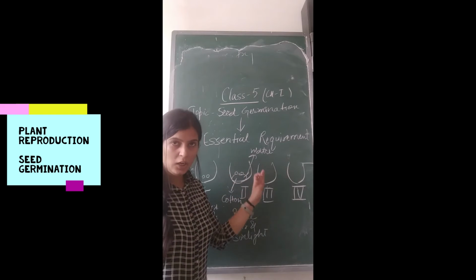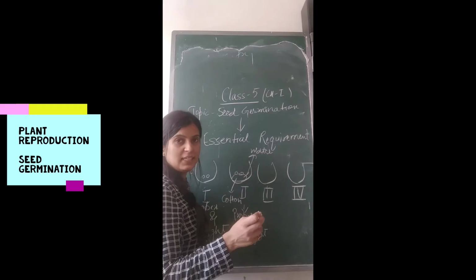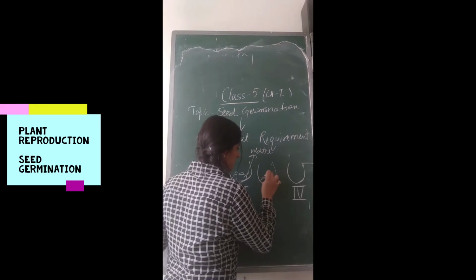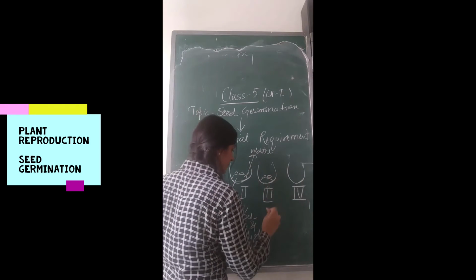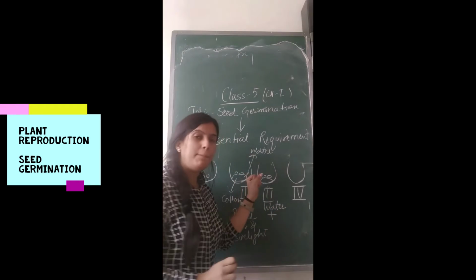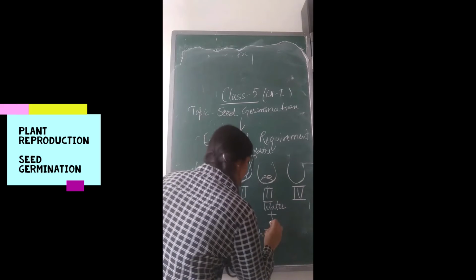For the third bowl, place the seeds on the cotton and sprinkle it with water. Put this bowl into the refrigerator.